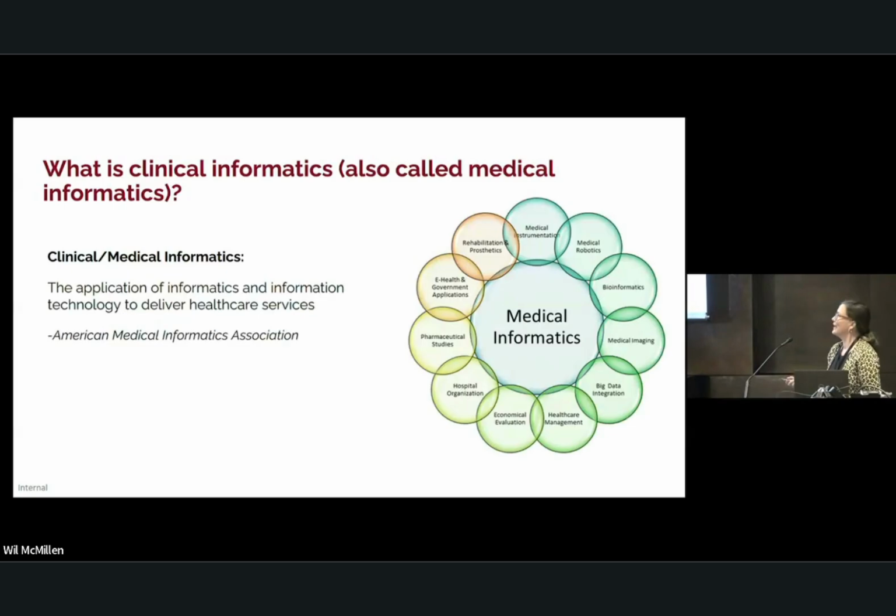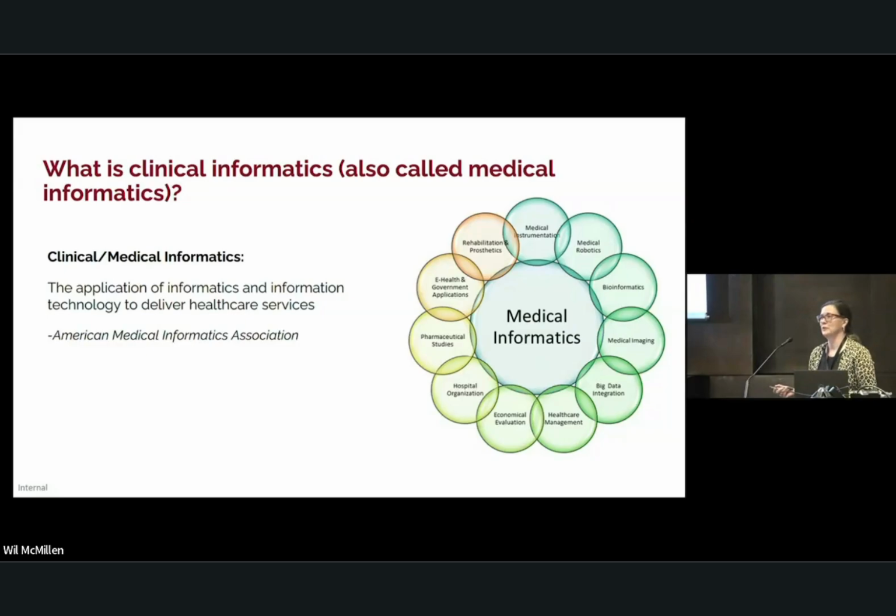So, a little bit of housekeeping first, because there's sometimes a lot of confusion around different terms: bioinformatics, clinical and medical informatics, pathology informatics. I just want to highlight that clinical informatics, which I think is sometimes also referred to as medical informatics, is this incredibly broad field that encompasses the application in any way of informatics applied to healthcare services.